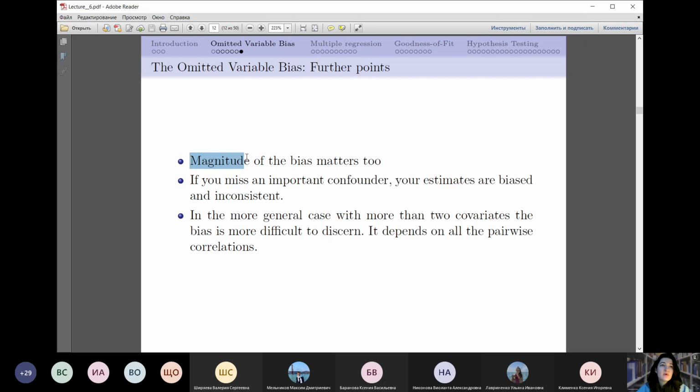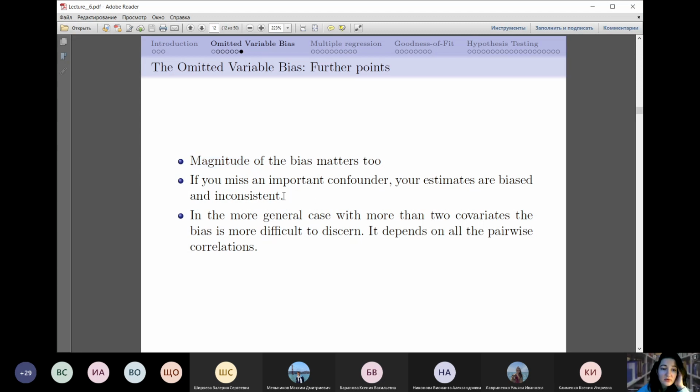For example, if you assume that the bias will be, let's say, small, in this case, maybe the problem of this bias will not be very high. In other situations, if you miss some important confounder, your estimates will be biased and inconsistent.